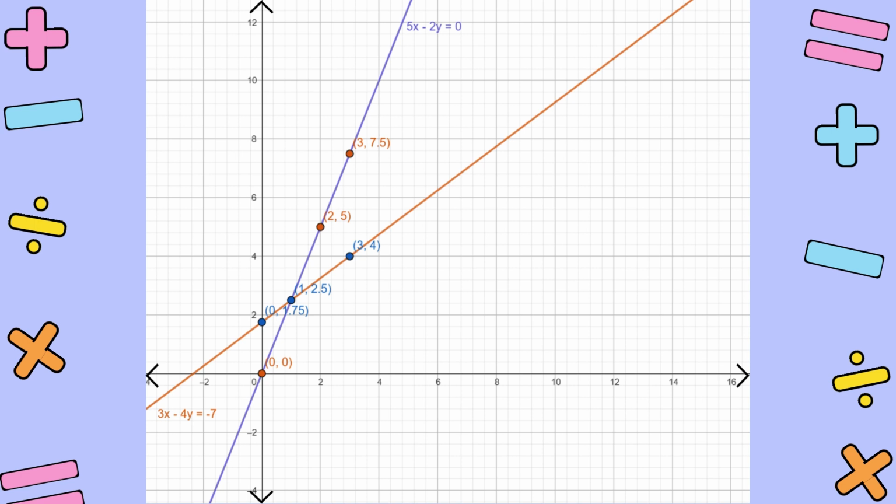The red line is 3x minus 4y is equal to minus 7, and the blue line is 5x minus 2y is equal to 0. The red coordinates are of the blue line and the blue coordinates are of the red line. And as we can see here, both of those lines meet at (1, 2.5). So this would be your solution for the question.